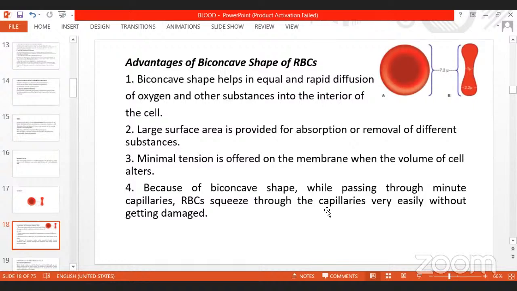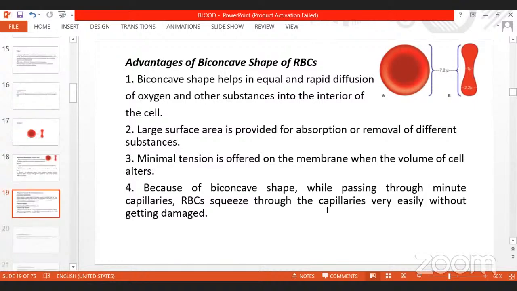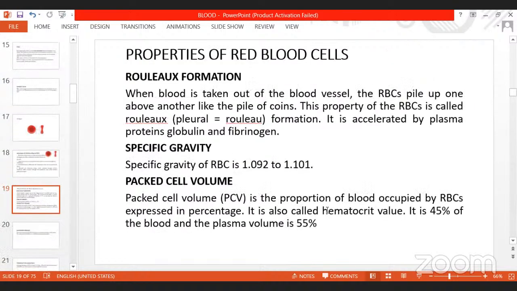Minimal tension is offered in the membrane when the volume of the cell alters, because of the biconcave shape. Through the minute capillaries, the blood cells can move easily, squeezing through without damaging. So what are the properties of blood cells?